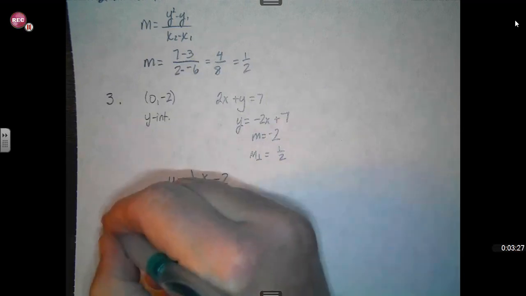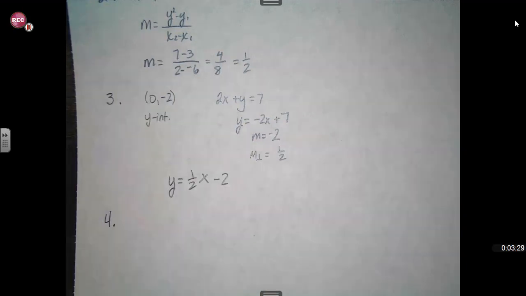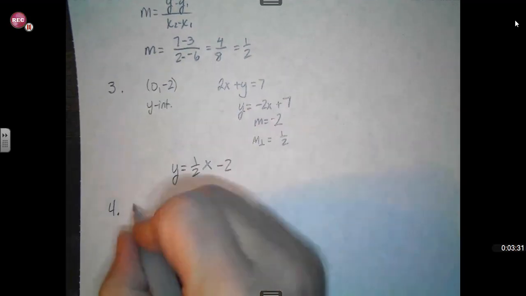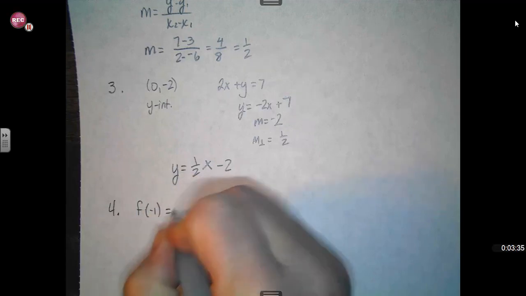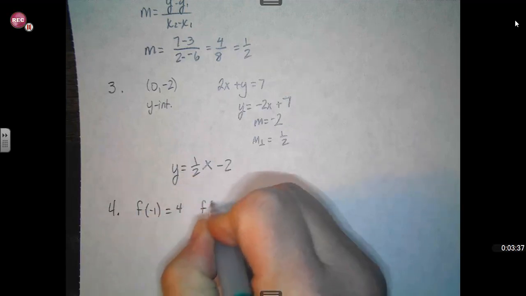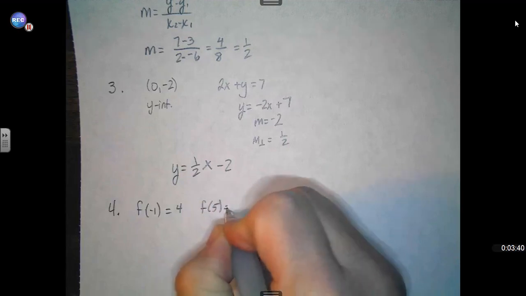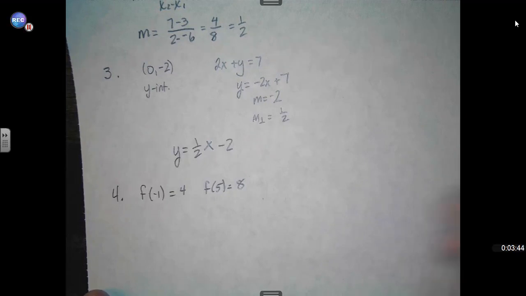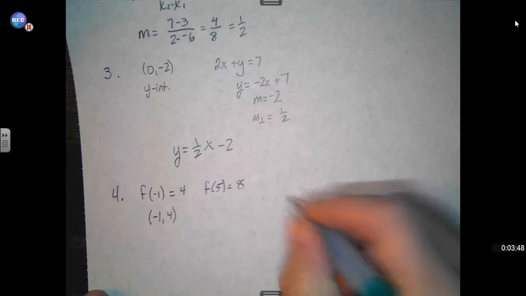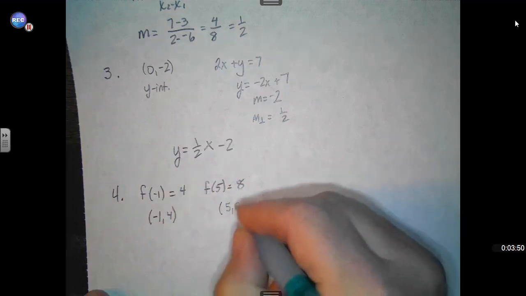So that's it. f of x is a linear function, and f of -1 is 4, and f of 5 is 8. So what they've done is they've given us 2 points. This is the point -1, 4, and this is the point 5, 8.